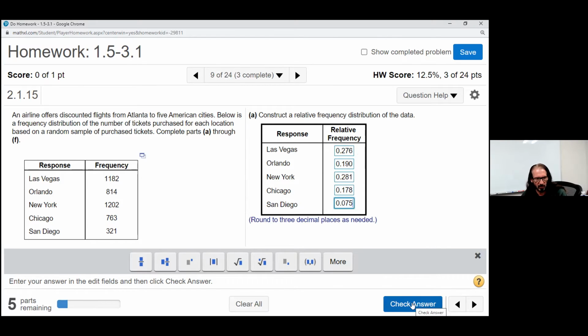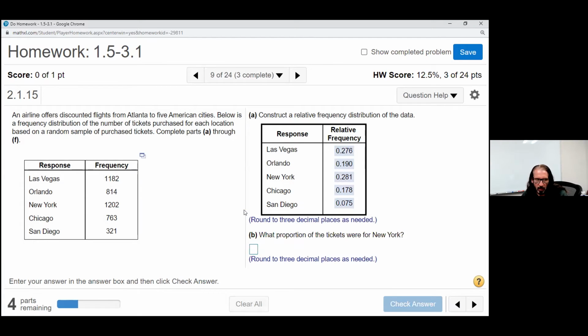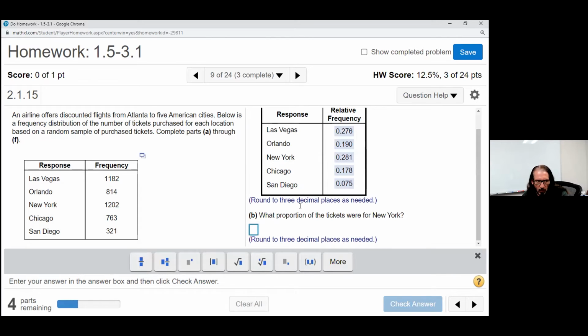I could make 2 mistakes and have them compound each other, but apparently I did it correctly. So what proportion? That's just another way of saying what portion. For New York, that's the 0.281. So we're just reading off from the table we just filled in.